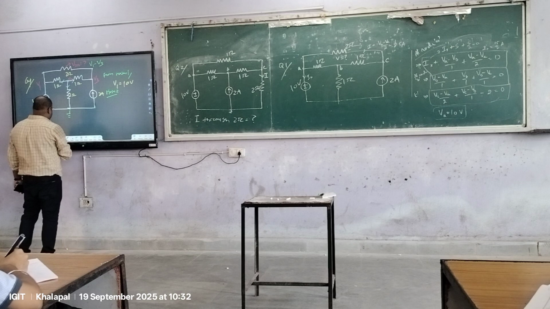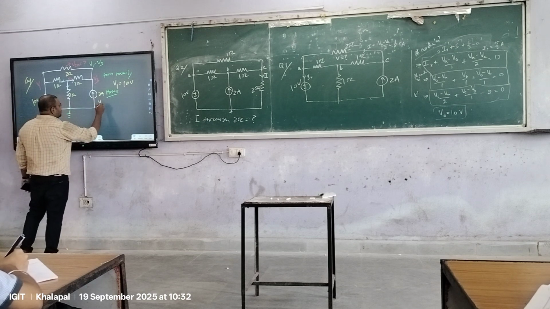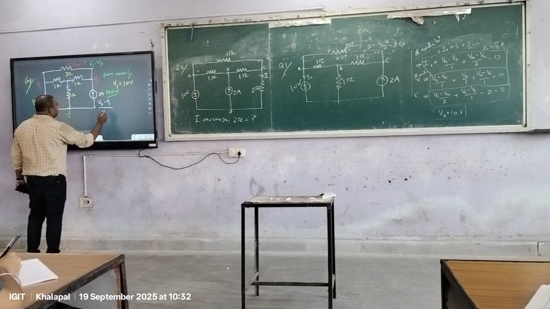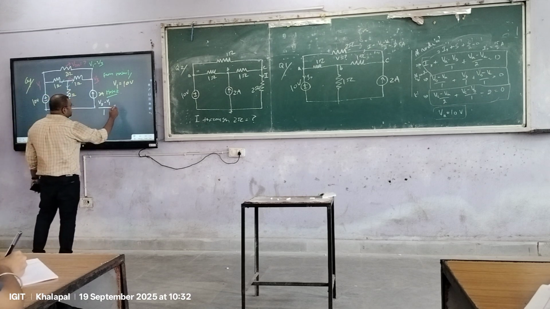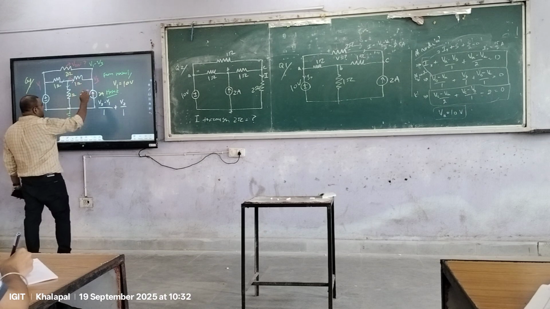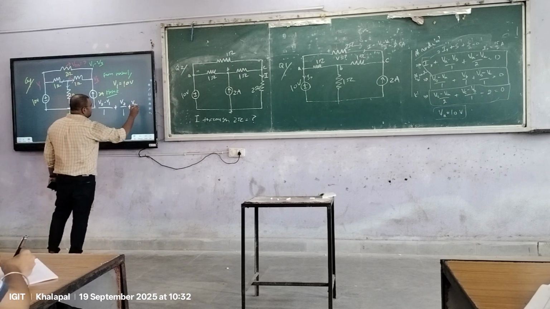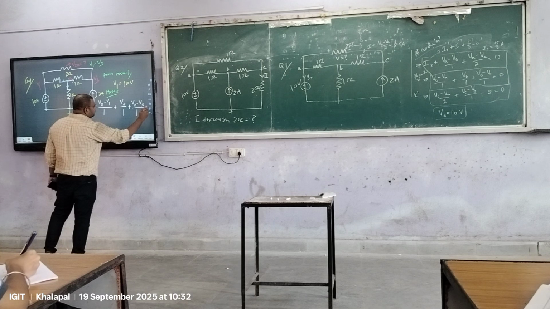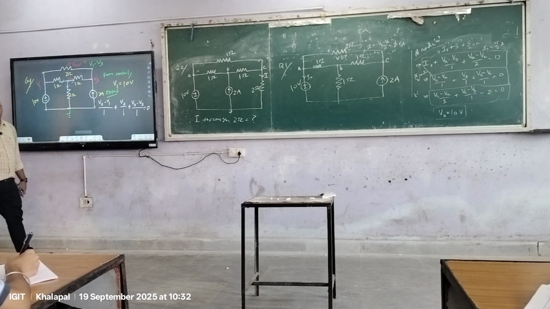It is going to be how much? Yes, V2 minus V1 by 1, plus V2 by 1, plus V2 minus V3 by 1, equal to 0. Right?